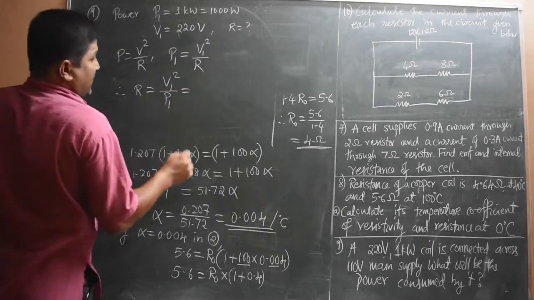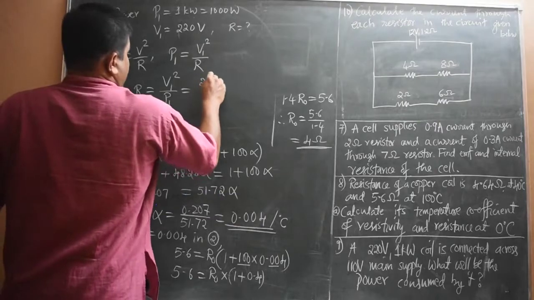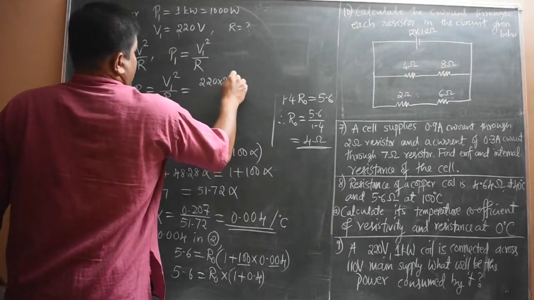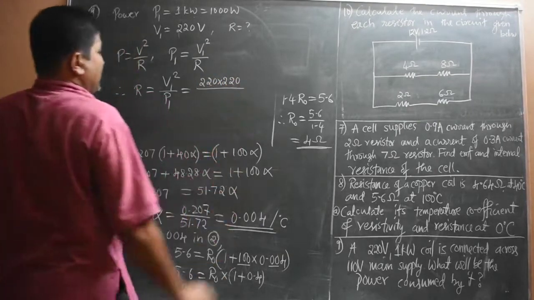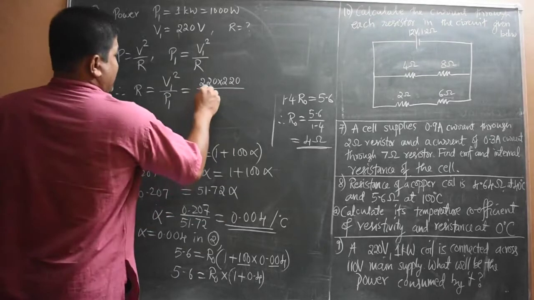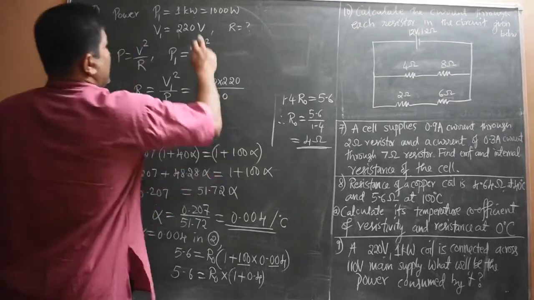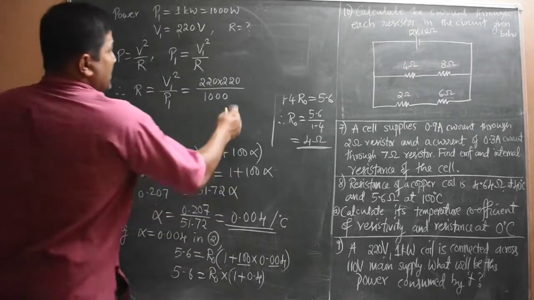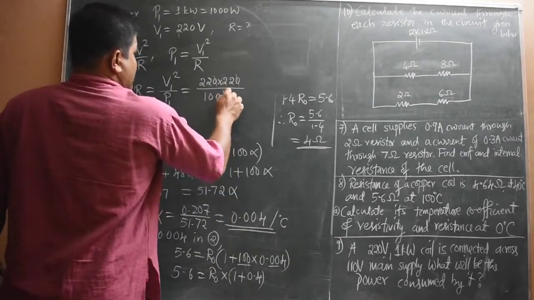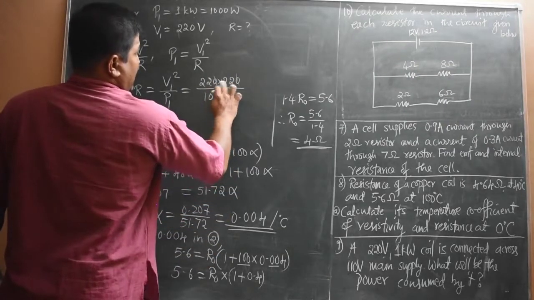So V1 square is 220 into 220, divided by 1000 watt, since 1 kilowatt is 1000 watt. Now the zeros cancel, and 100 is left extra in the numerator.